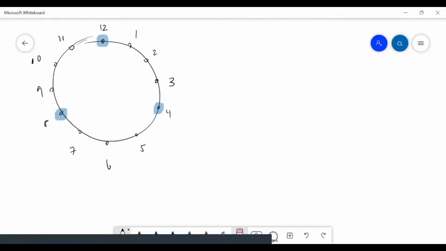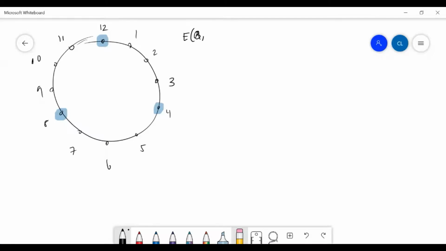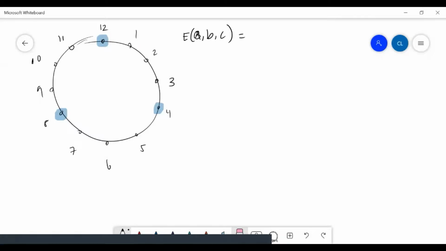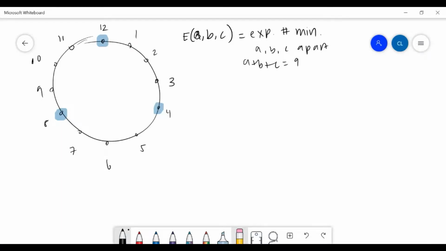So we let E(A, B, C) be the expected number of minutes until it ends if the frogs are A, B, and C apart. And A plus B plus C is 9 because there's 12 points total and 3 frogs, so 12 minus 3 is 9. And we're asked for E(3,3,3) because that's where they are initially.